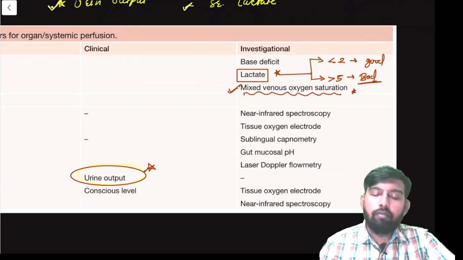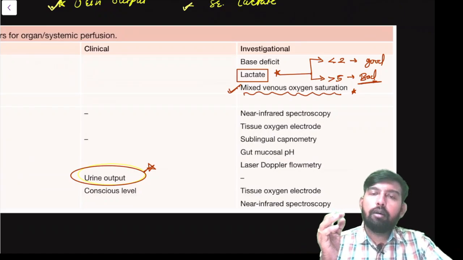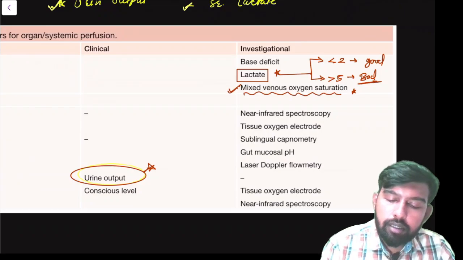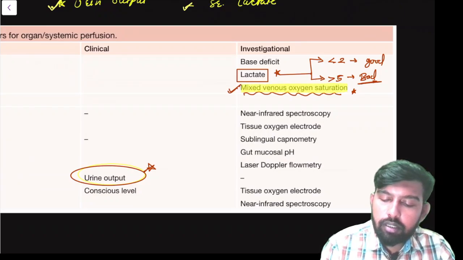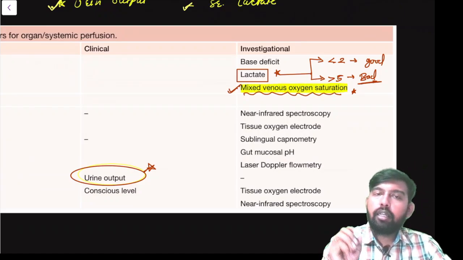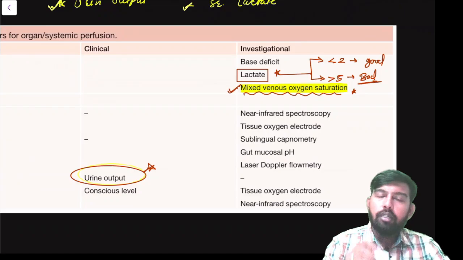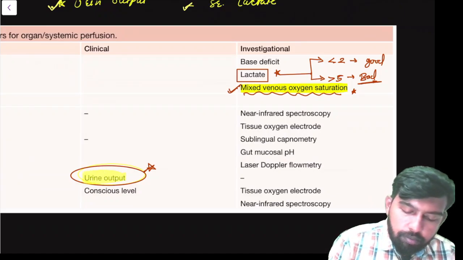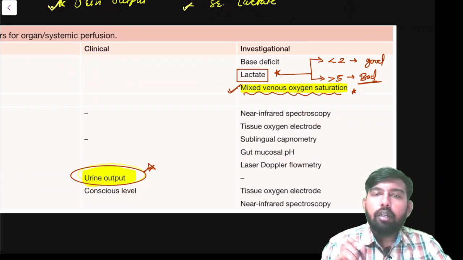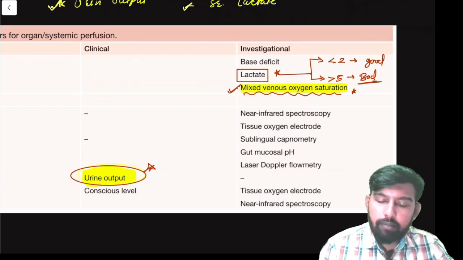So if the overall best parameter for the monitoring of shock is asked, it is the mixed venous oxygen saturation. Best clinical parameter for the adequate resuscitation is urine output, and the best parameter for the tissue perfusion is the serum lactate level.